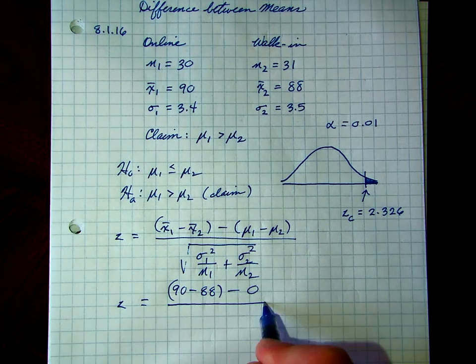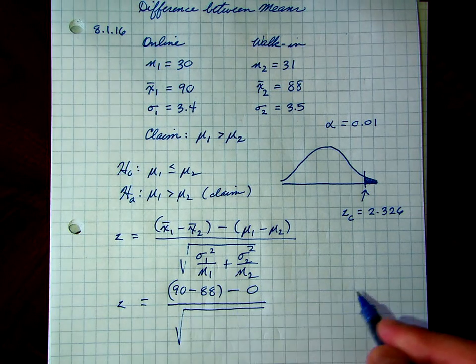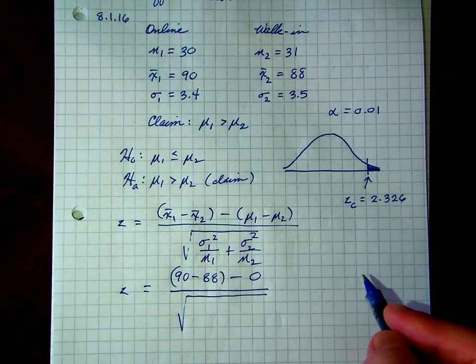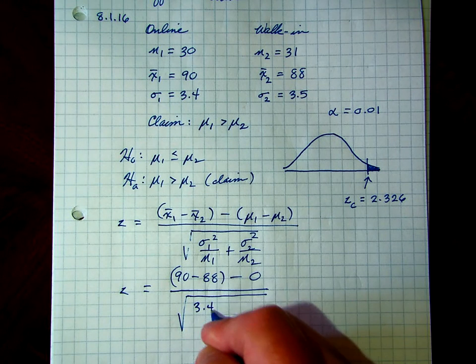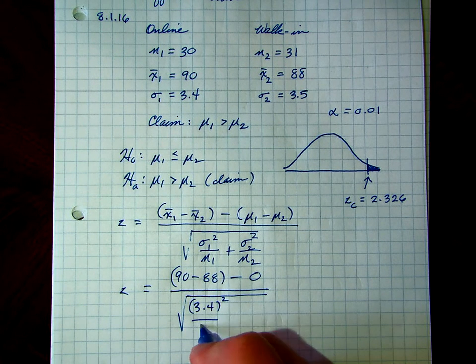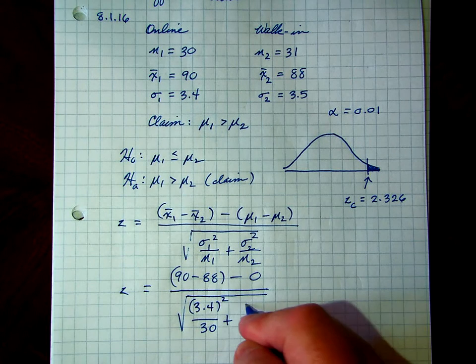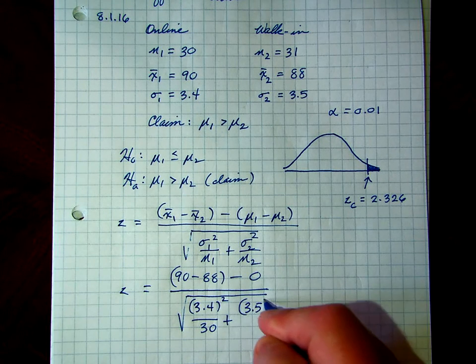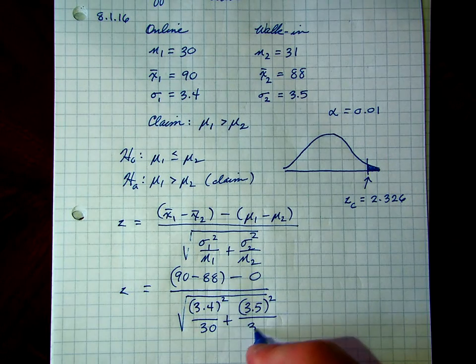That's an important point to catch. And then down here, where we have some significant calculation to do, we've got sigma 1, which is 3.4. That's going to get squared. And then we're going to divide by 30. And 3.5 squared. And that's going to be divided by 31.